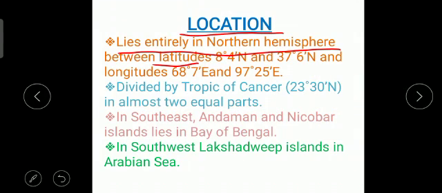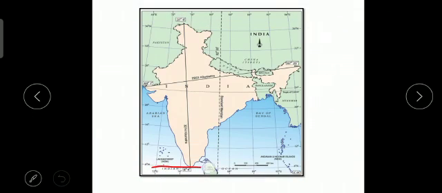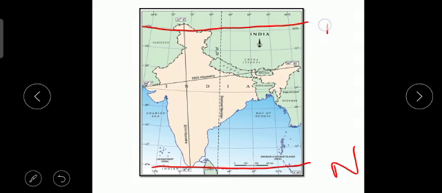India lies between the latitudes of 8 degree 4 minute north to 37 degree 6 minute north and longitudes of 68 degree 7 minute east to 97 degree 25 minutes east. This is 8 degree 4 minute north latitude. We are using N for north, to 37 degree 6 minute north. This is the latitudinal extent.